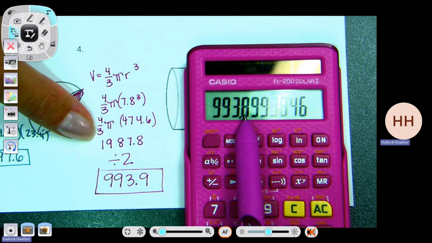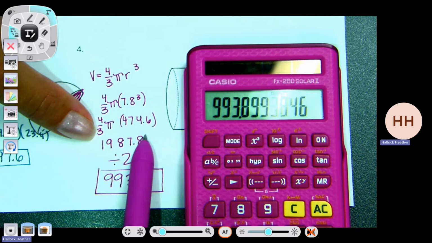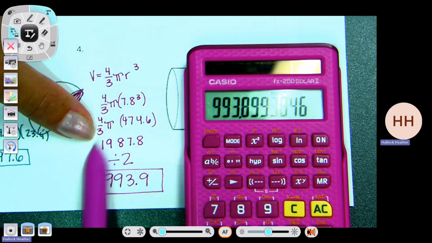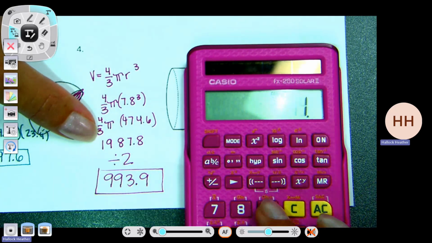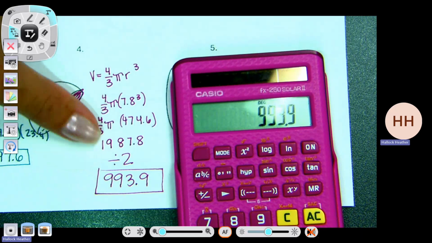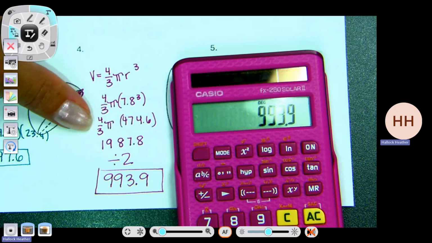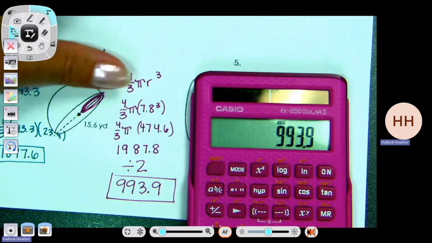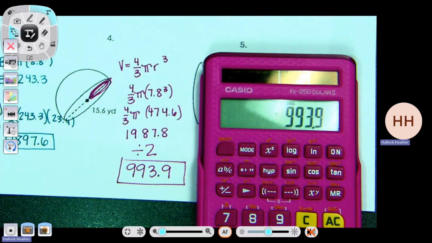So the 9 would make the 8 go up to a 9. If you just write this in your calculator, you get the same thing. There's a decimal. Just look at the 2.